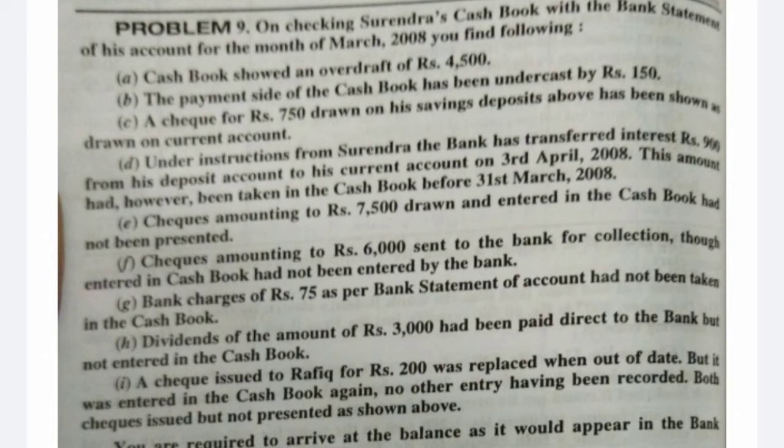It is already recorded by Surendra, but not presented in the bank. In case of overdraft balance as per cash book, the cash book is showing a reduced balance since Surendra recognized the expenditure. Therefore, we need to deduct the 7,500.